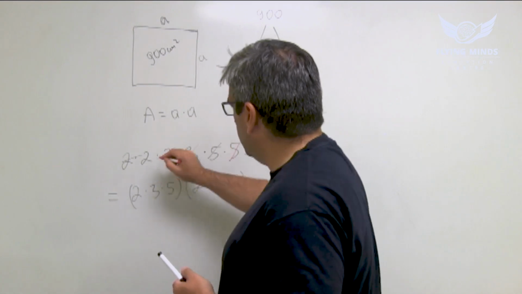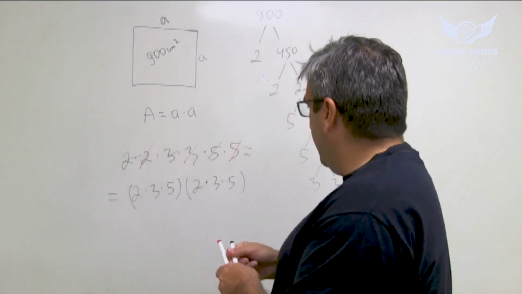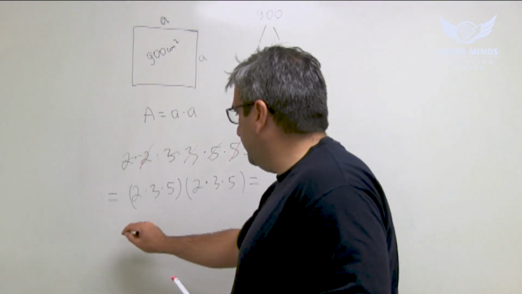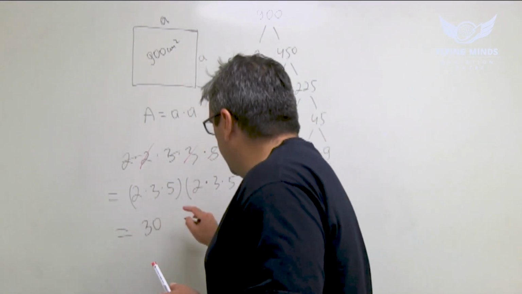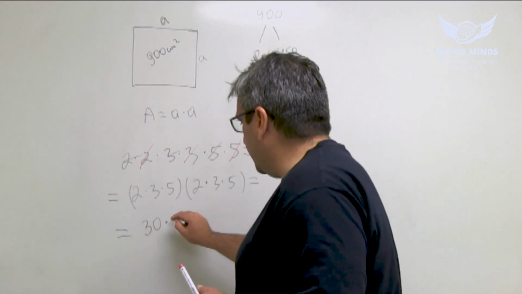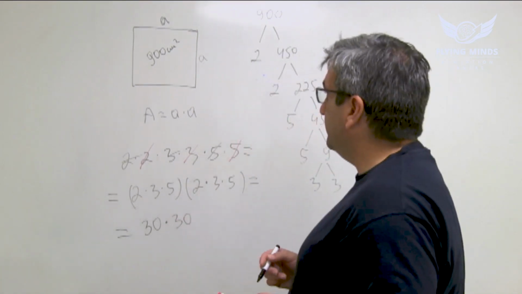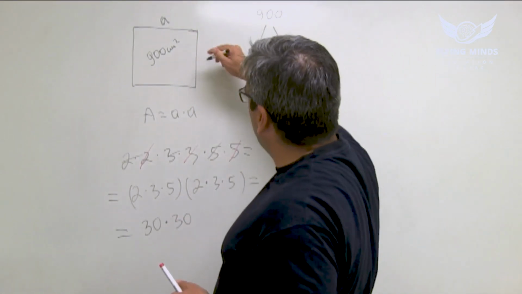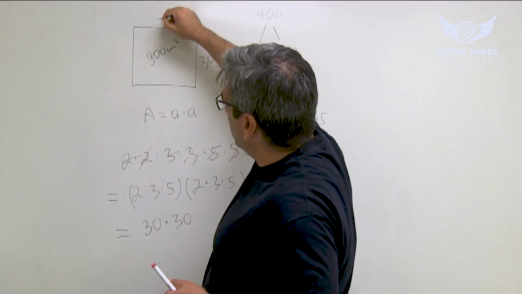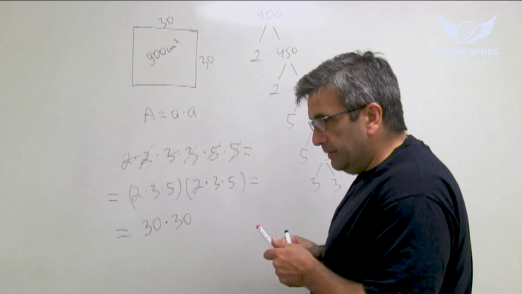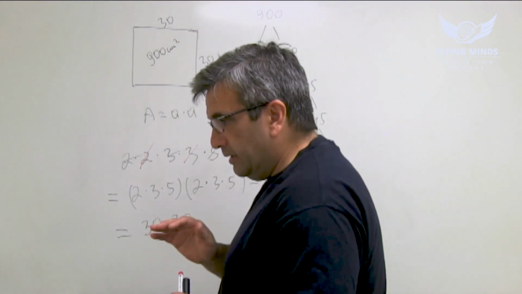And what do we get? 2 times 3 times 5 is 30, and in the second bracket we get 30. So our side length is 30, so we have a square 30 by 30. Good?